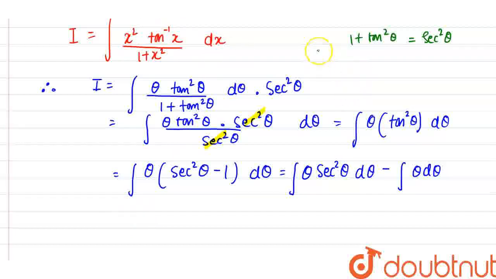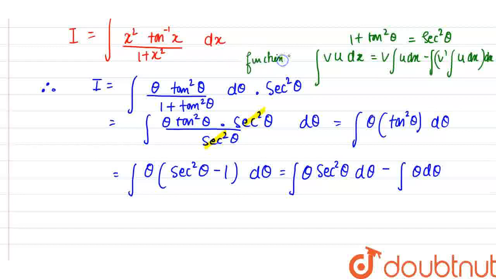The integration of u v dx, for any functions in terms of x, is: first function remains as it is, times the integration of the second function, minus the integral of the differentiation of the first function times the integration of the second function, whole dx.